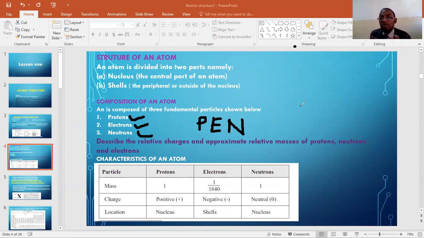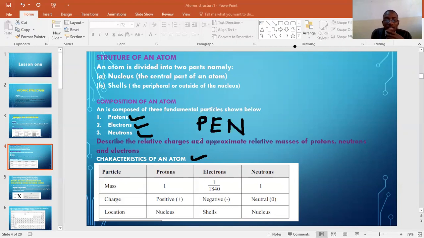The P is for the proton, the E is for the electrons, and the N is for the neutron. So this takes us directly into the characteristics of these fundamental particles. How do you know that this is a proton? How do you know that this is an electron? And how do you know that this is a neutron?